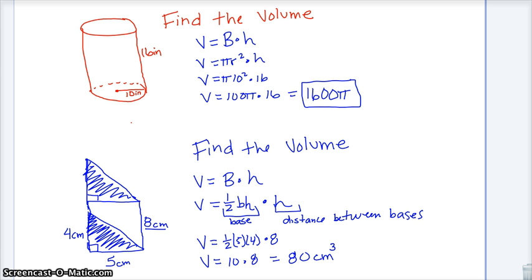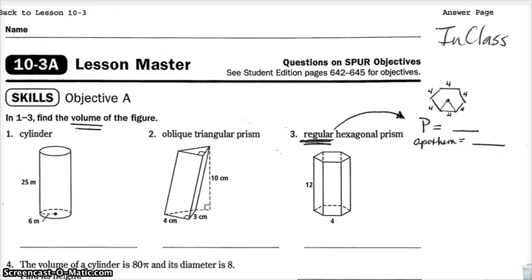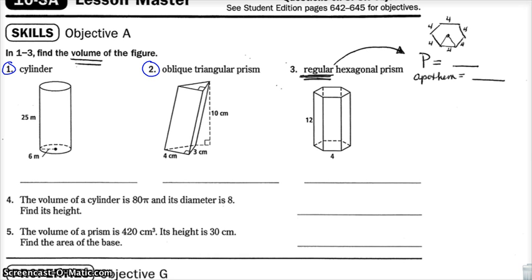All right, now it's your turn. I'd like you to take out your packet, and we're going to turn to Lesson Master 10.3a. Please try problems 1 and 2 on your own, and then check your answer. For question number 1, you should have started with the volume formula, the area of the base times the height.